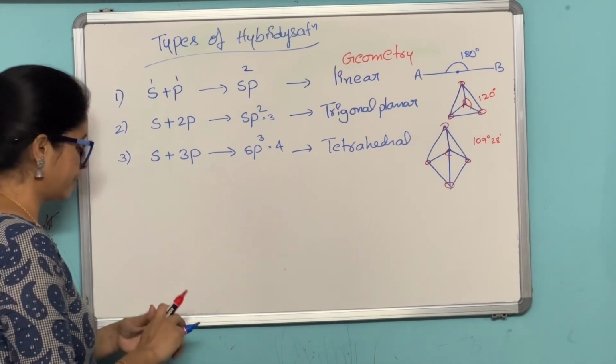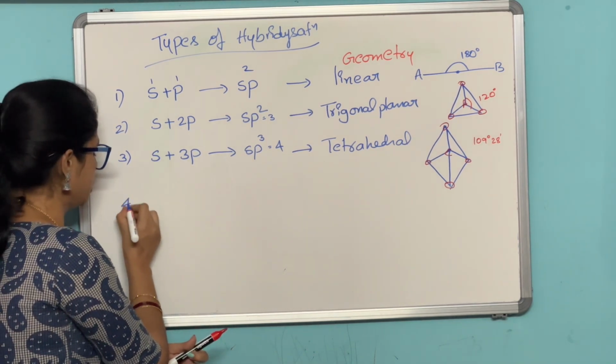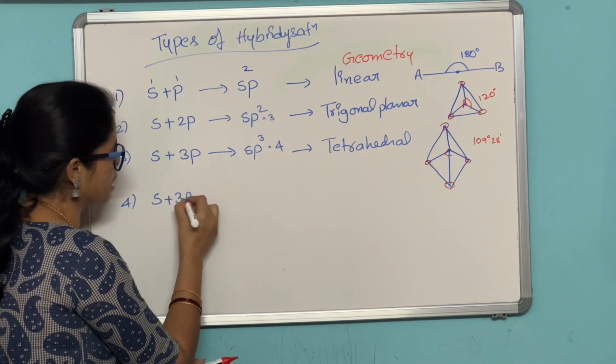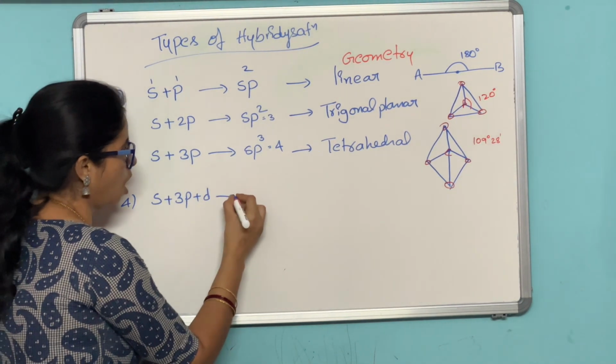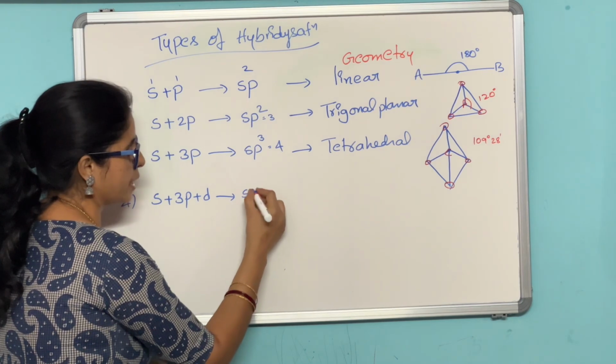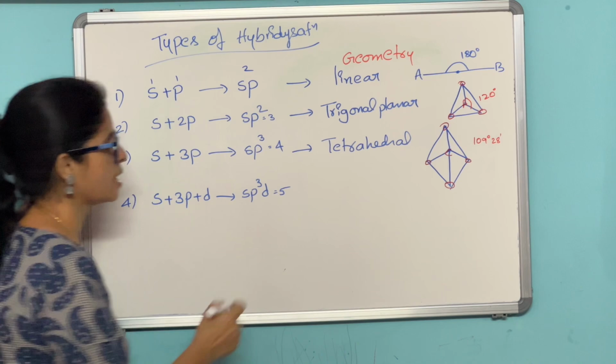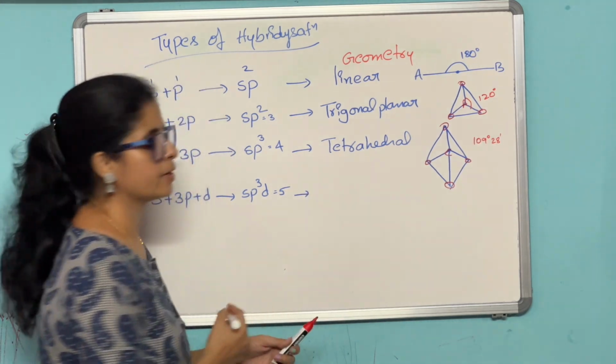Next hybridization: if one s orbital, 3 p orbitals and 1 d orbital are involved altogether, it is sp3d hybridization with 5 hybrid orbitals.